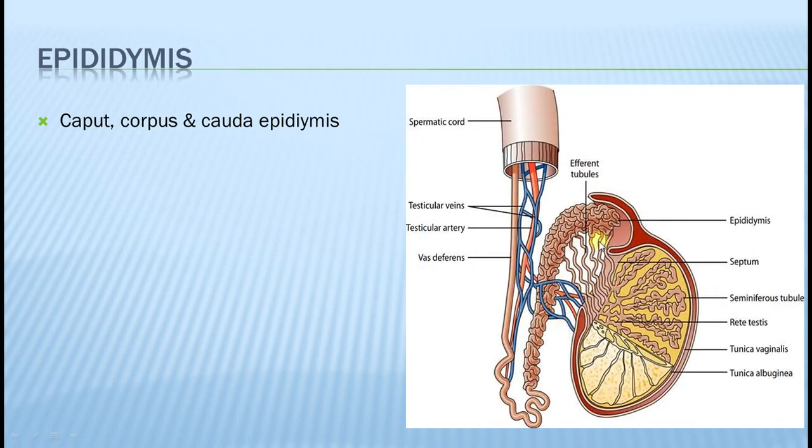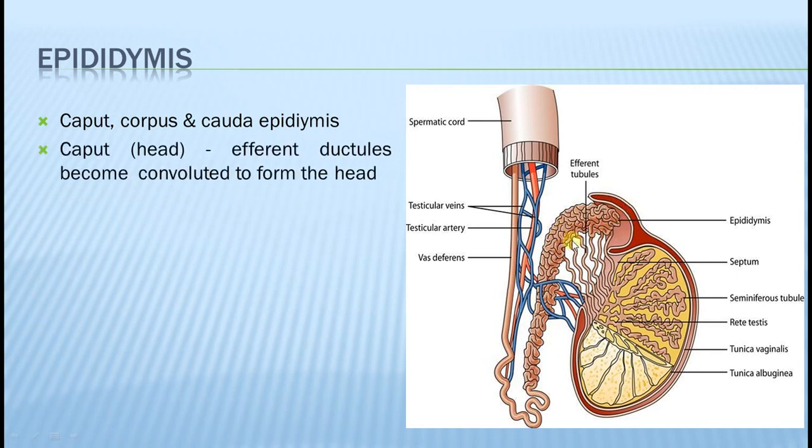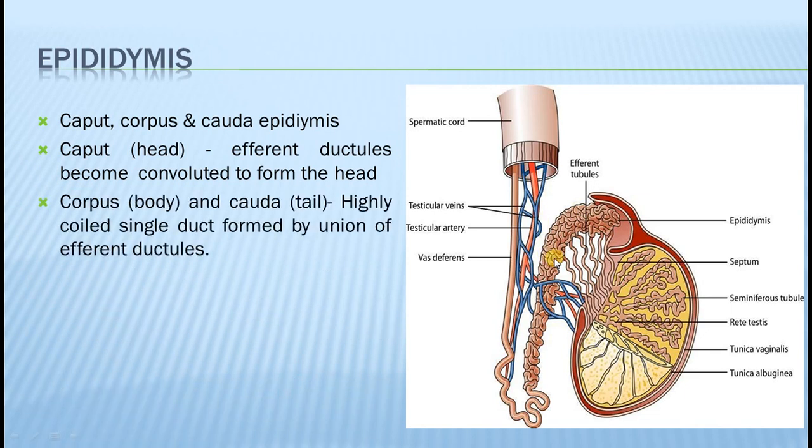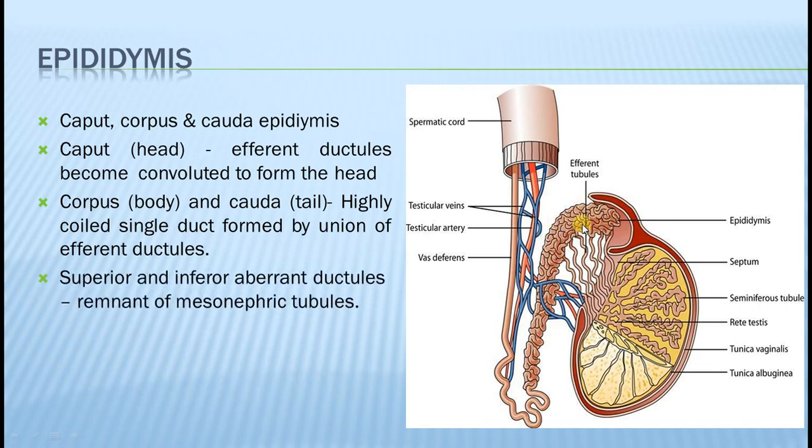So the efferent ductules all fuse and unite to form the head of the epididymis, convoluted, highly coiled, and inside they have the canal of the epididymis, formed by the union of the efferent ductules. So as I told you, superior and inferior remnant ductules, aberrant ductules, are the appendix of epididymis.